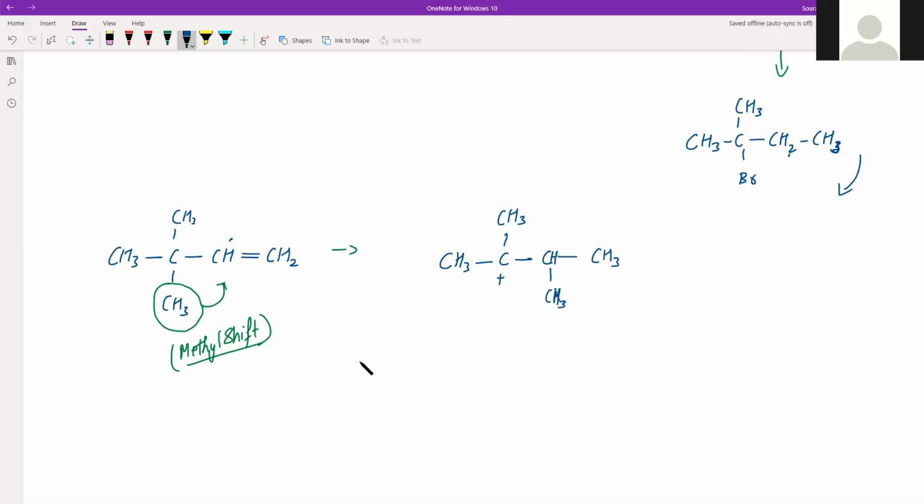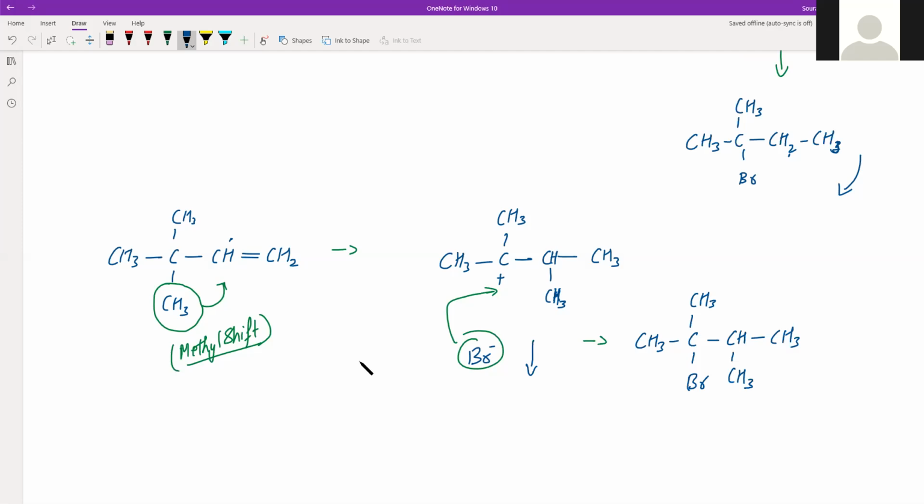And obviously now, where will this Br negative attack? It will attack this positive carbon. So what are we going to get as our final product? It will be CH3, C, CH3, Br, CH, CH3, and CH3.